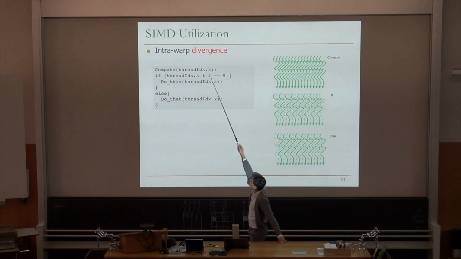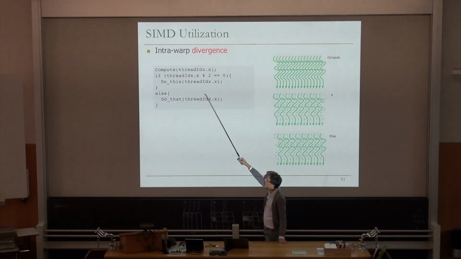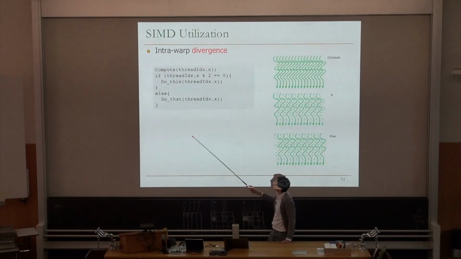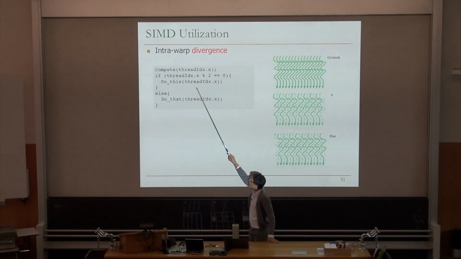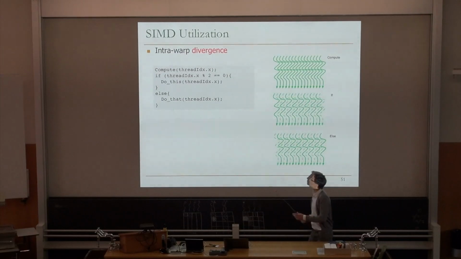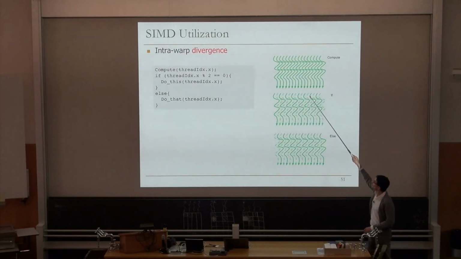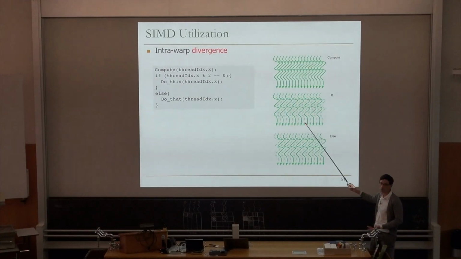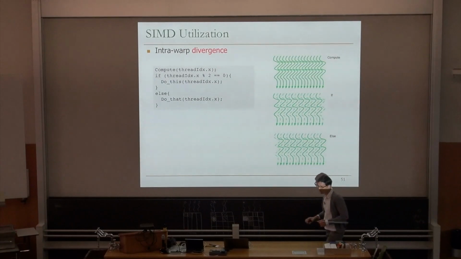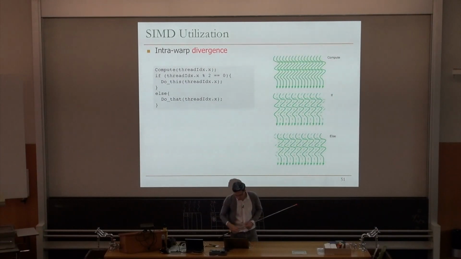The even threads will go through the if, the odd threads will go through the else. We have two different paths, right? So for the if, we will have only the even threads, only half of the threads working. For the else, we will have the other half of the threads working. So the utilization here is 50%, right?